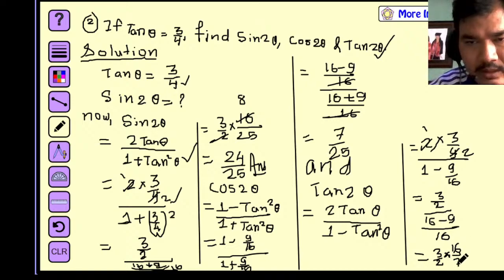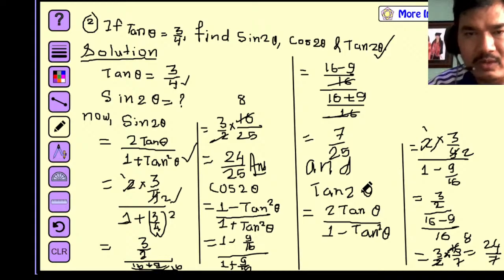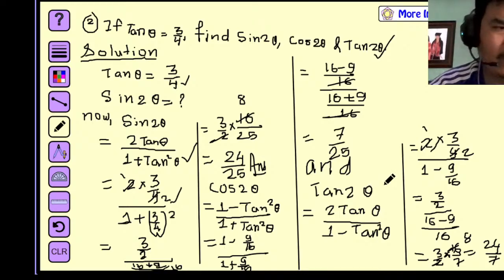Now 2 1s are 2, 2 8s are 16, then 8 3s are 24. 24 will be the numerator and 7 will be the denominator. This is the value of tan 2 theta. Okay, children, this is 24 by 7. This is our answer of tan 2 theta.